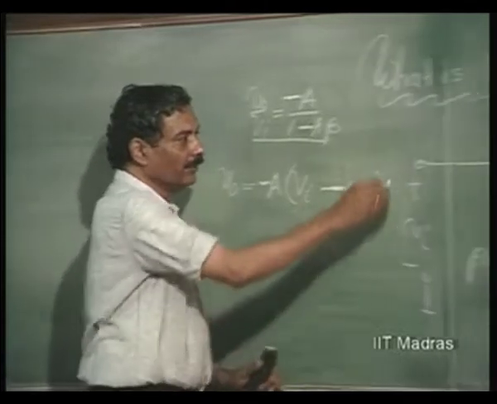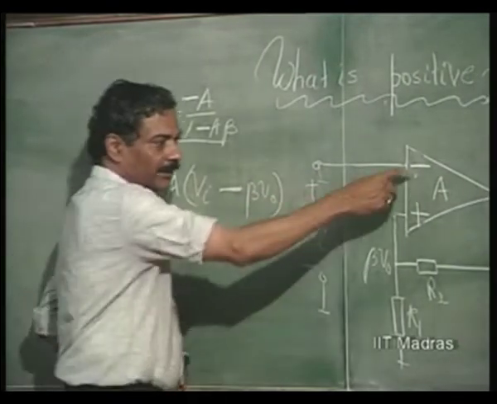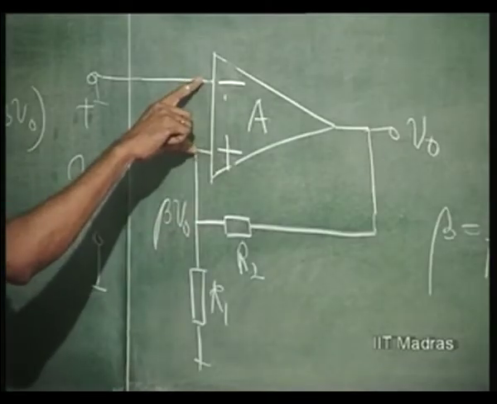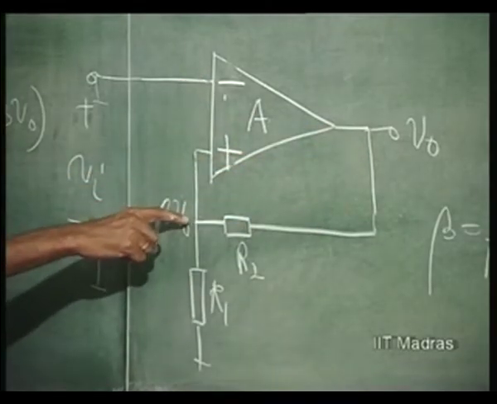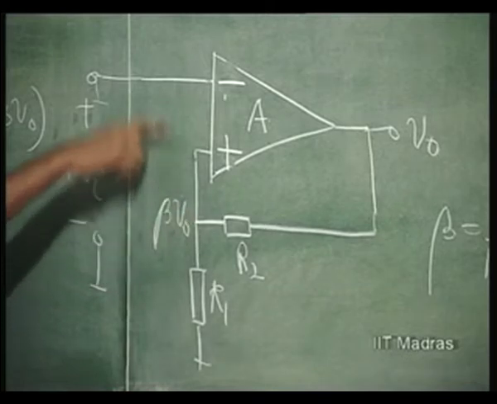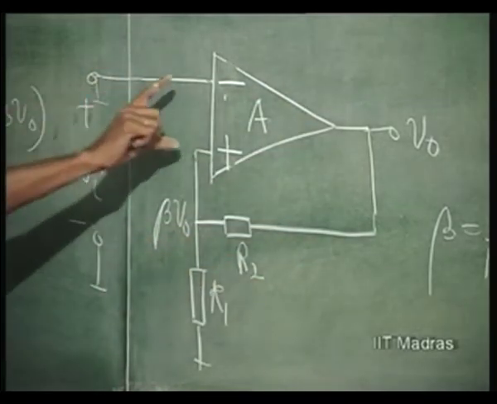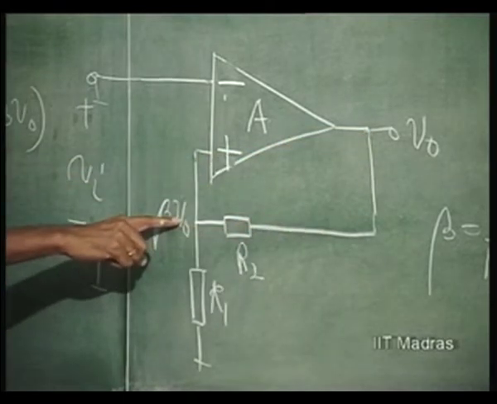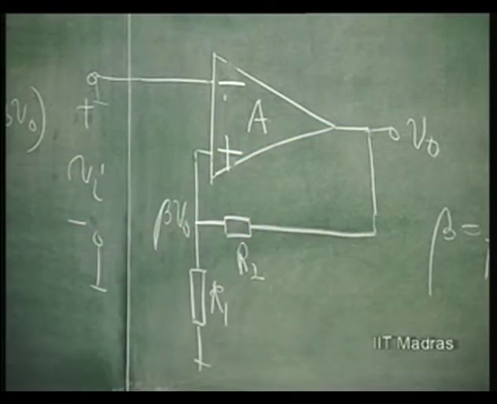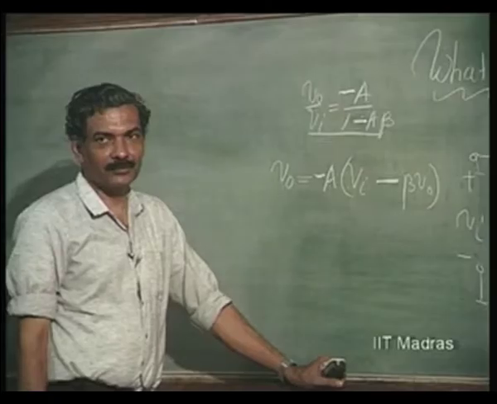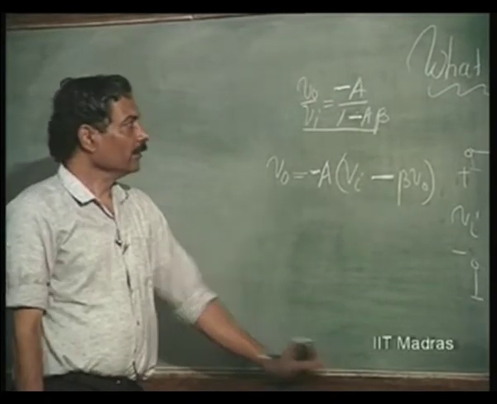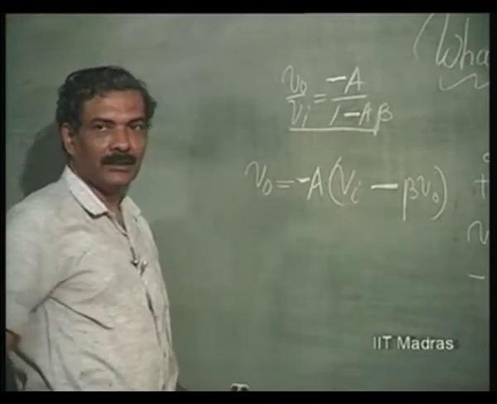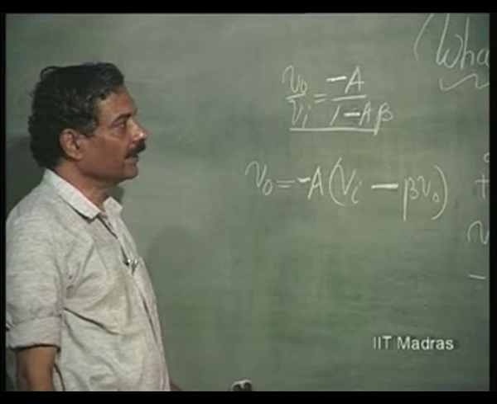You consider ground, this is A, this is beta times V naught. That means, if I have Vi here, A times beta times Vi will appear here. The loop gain is positive. If this is Vi, this will be A times Vi and A times beta. So, loop gain is positive now. So, you get minus A by 1 minus A beta as the gain.